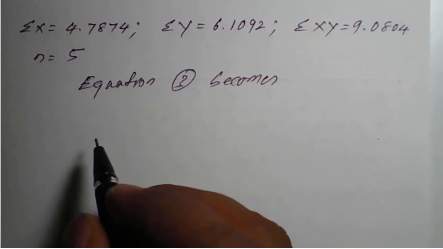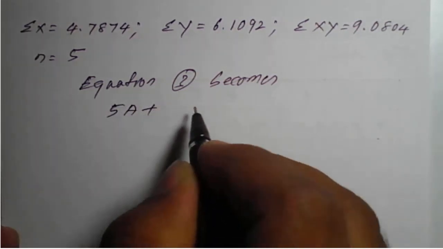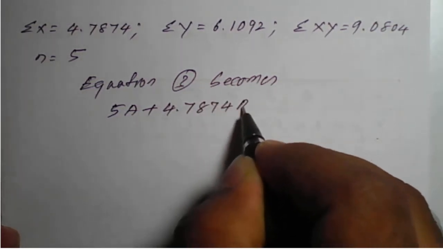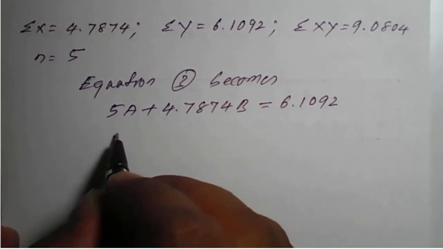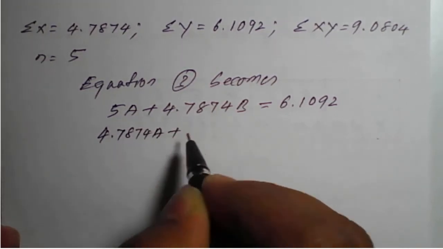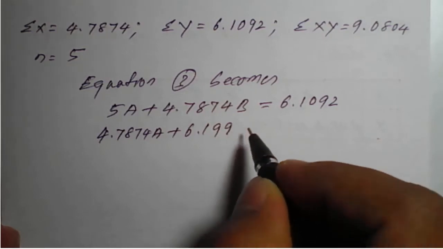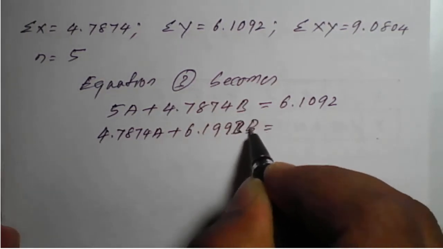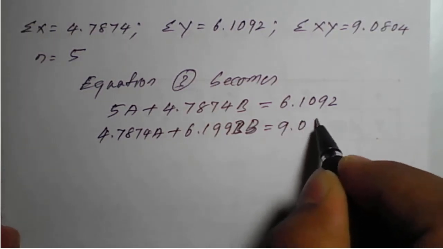On rearrangement, finally I will write it as 5A plus 4.7874 into B is equal to 6.1092, and the second equation will be 4.7874 into capital A plus 6.1993 into B is equal to 9.0804.